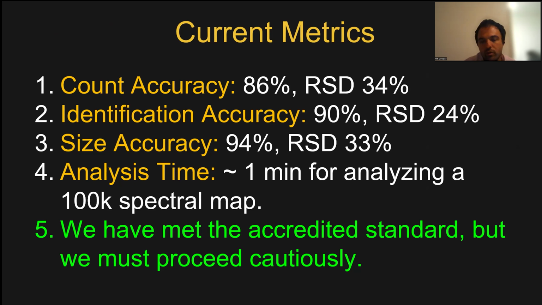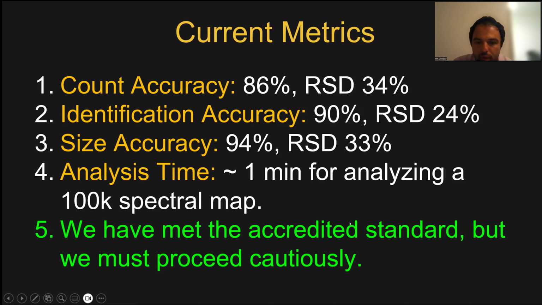As an accredited lab, we're required to meet certain standards for our recovery rates, so these accuracy percentages, but also the uncertainty. Our relative standard deviation needs to be below 40%. So we were able to meet those requirements that we have as an accredited lab, across all the different metrics. And so this is great.